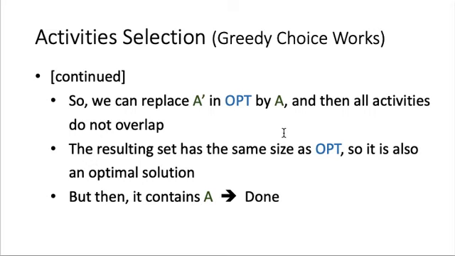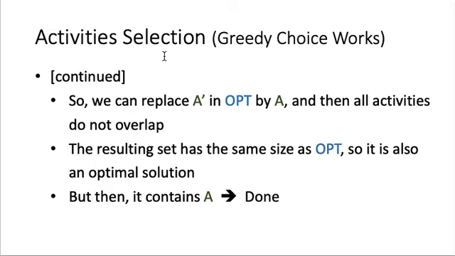Okay, then in such a case, what we can do here is let us take away A prime from opt and then put A into the remaining part of opt. So we are taking away A prime from opt but replacing it by A. Then we will see that all the activities do not overlap, because A is overlapping with only A prime in opt.